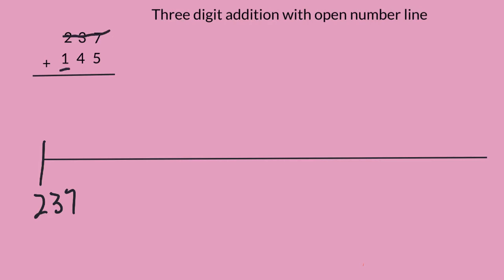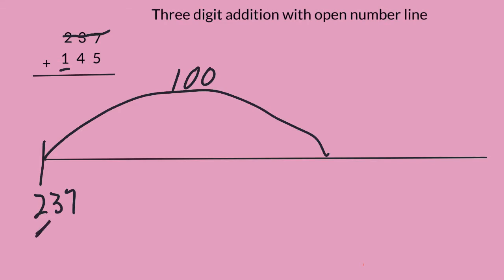Now we're going to focus on the hundreds place. We're going to take our first jump of 100, and all it's going to do is change the hundreds place from 237 to 337. I like to cross off the work as I go. Now moving down to the tens. 4 more tens is going to affect the tens place here.